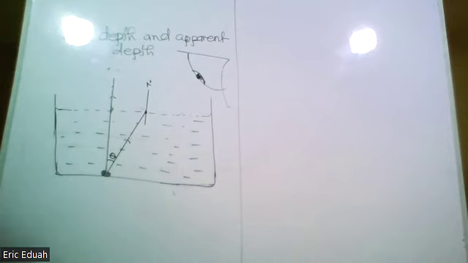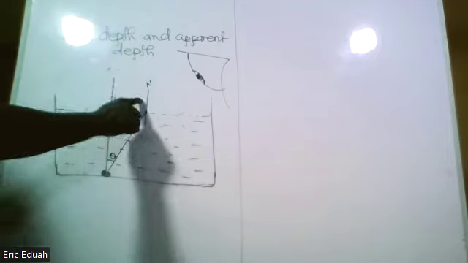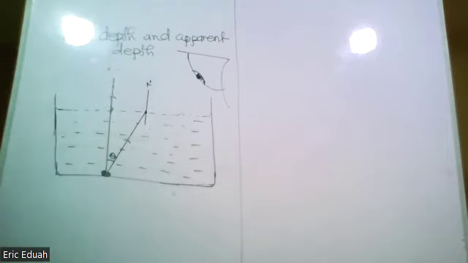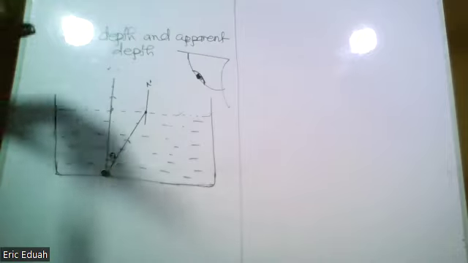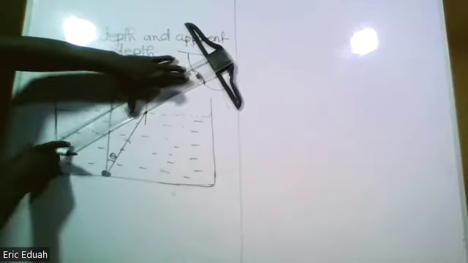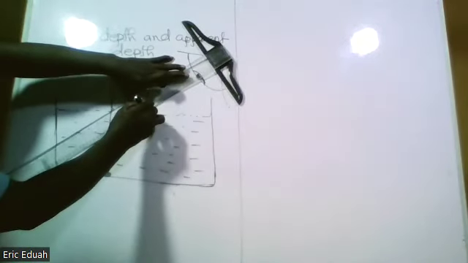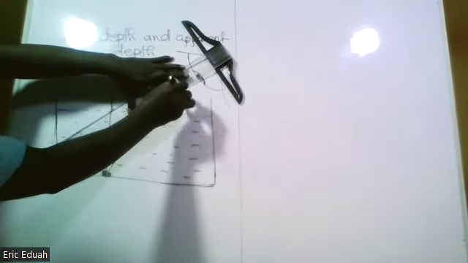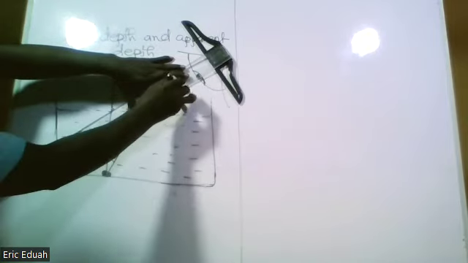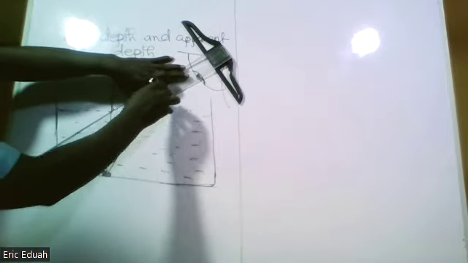To refract. And how will it refract? This is a normal. So how will it bend? Away from the normal. So it will bend away from the normal because it's coming from a denser medium to a less dense medium, which is the air.